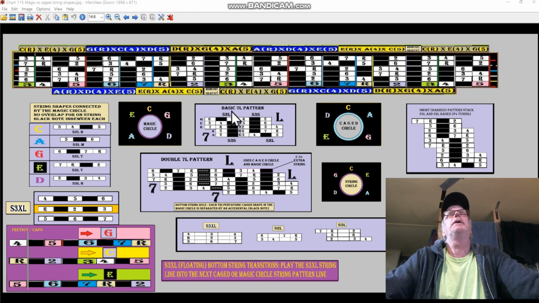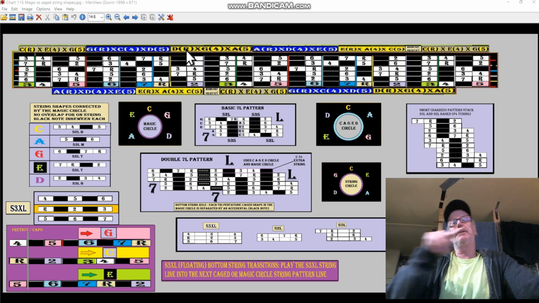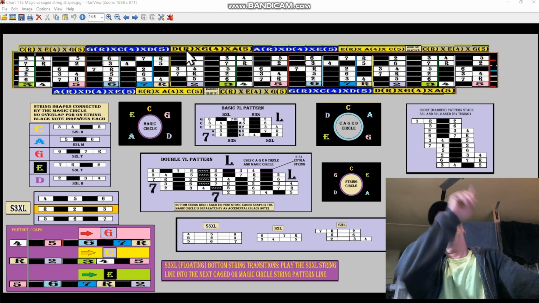Clockwise going up. Magic circle clockwise is now going up. Okay, cage is going up. So as we go C-A-G-E-D, we're essentially going up, kind of like going up a hill on your bicycle, up and up.